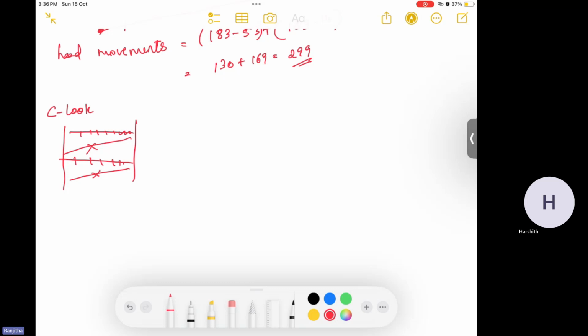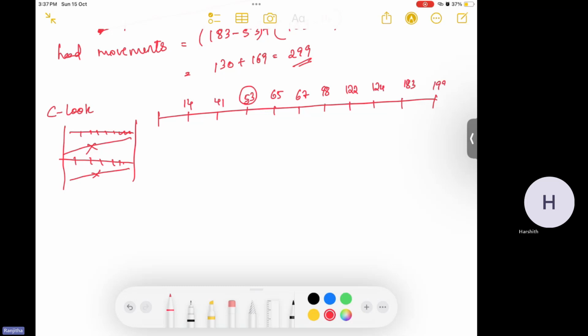So let's take the same example where the head is at 53. So 14, 41, 53, this is where the head is, 65, 67, 98, 122, 124, and 183.